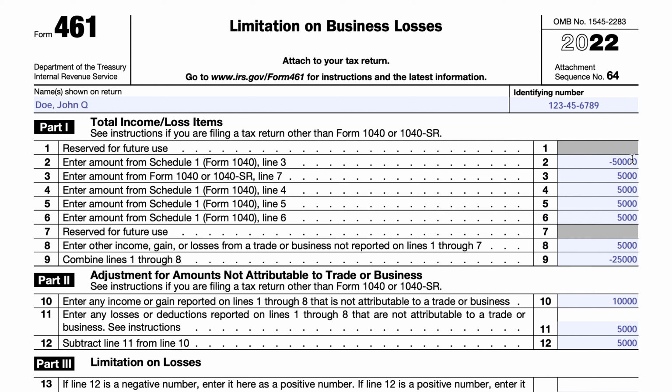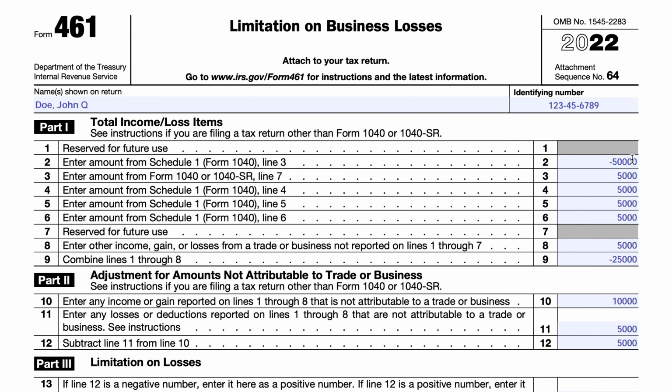So in this case, our hero, John Q. Doe, is reporting a $50,000 loss on his Schedule C. The next line comes from line 7 of your Form 1040. So this is the line 3 amount, and that happens to be the capital gains or losses that are being reported on your tax return.